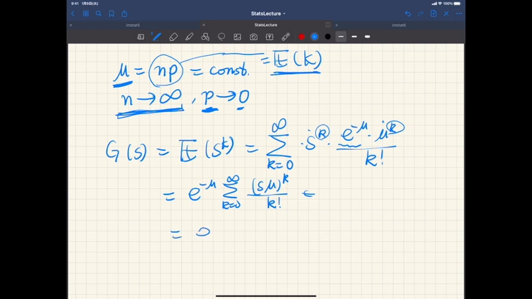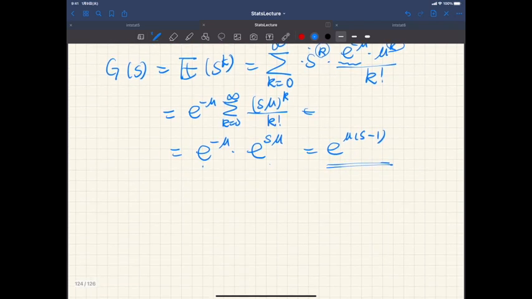So this is exponential of s mu. Both are exponential, so we can just put them together: exponential of mu times (s minus 1). So this is the probability generating function for the Poisson distribution.